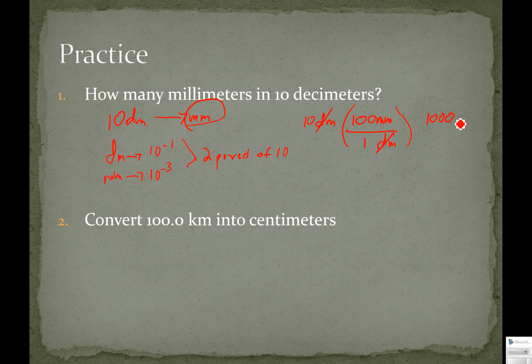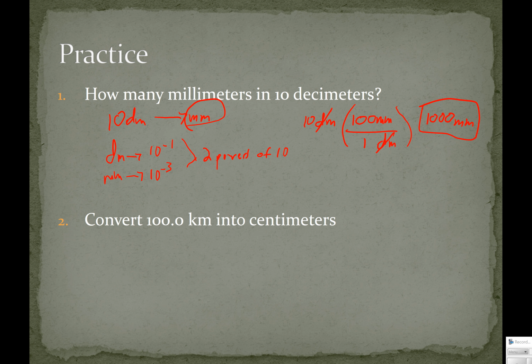Decimeters will cancel, and we're left with millimeters. So in 10 decimeters, there are 1,000 millimeters. 100 millimeters for every 1 decimeter.